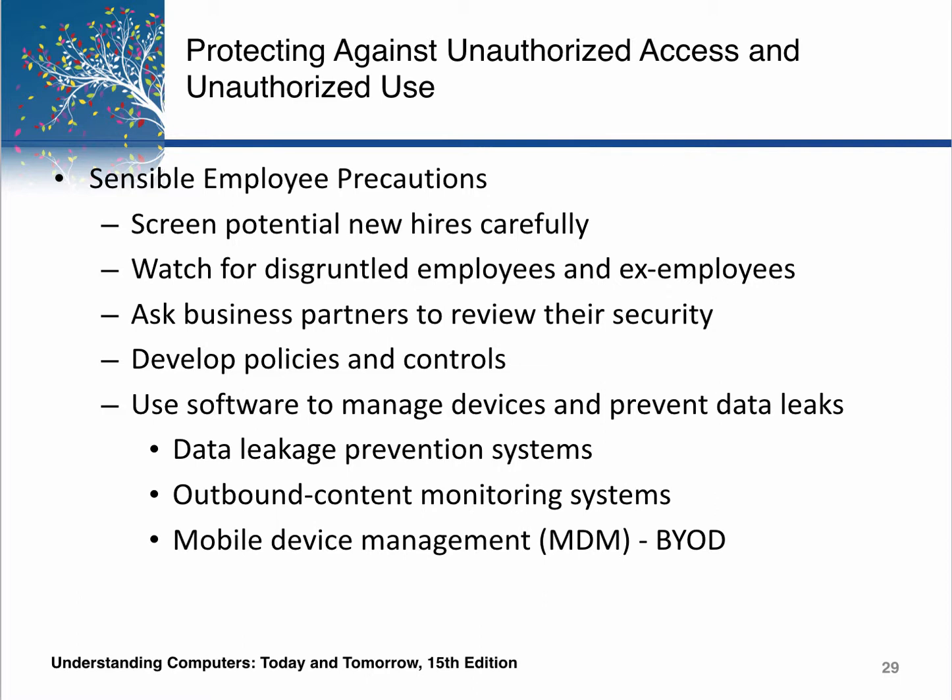We should constantly engage stakeholders to review their security levels and make sure we're developing policies that incorporate encryption, private networks, strong passwords to ensure that we're securing the network we're using. And then you can use software like firewalls and IPS systems to monitor the devices on the network to make sure they're not compromised.